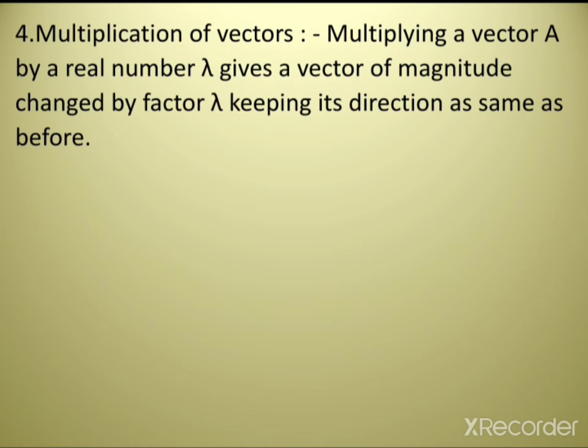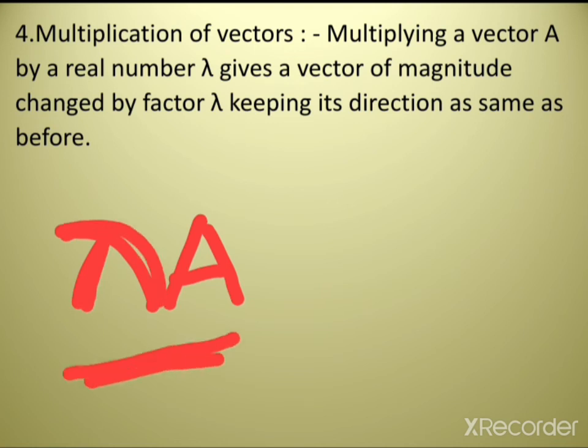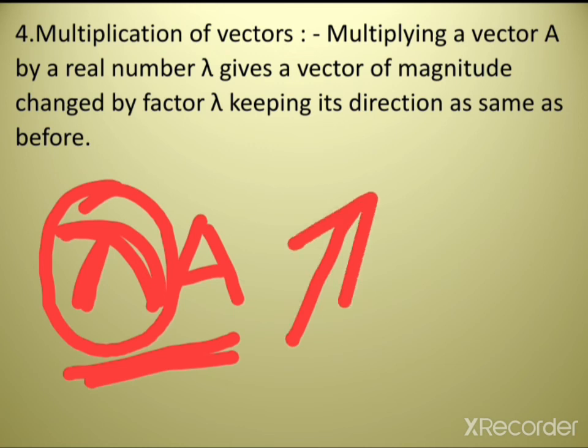That means if a vector a is multiplied by lambda, then this new vector lambda a will be changed by the amount lambda, but its direction will be the same.